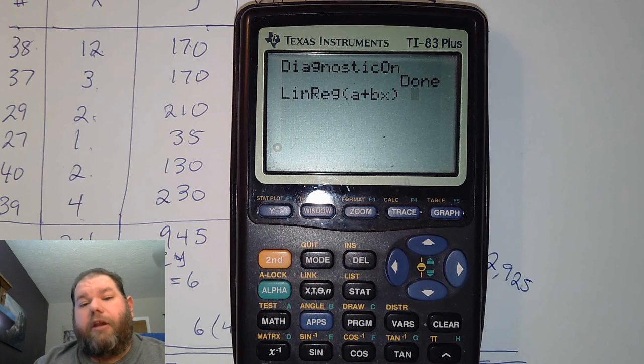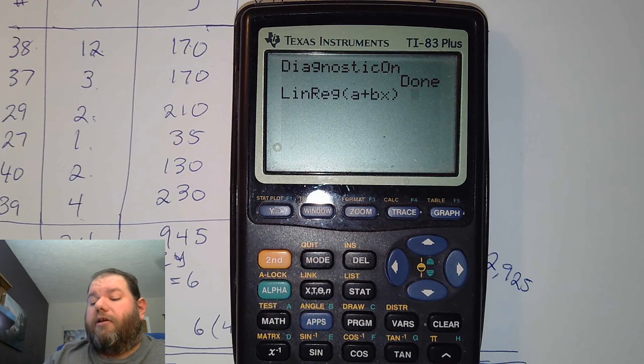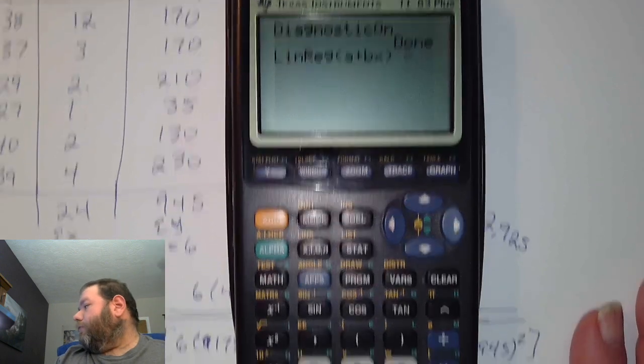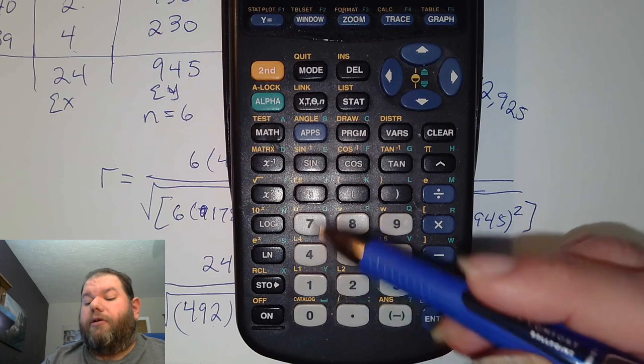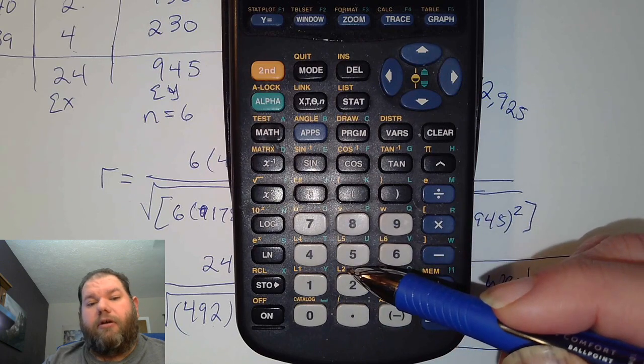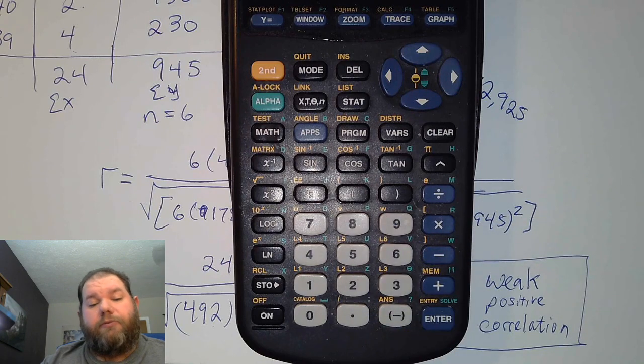Now, if you're using the 36X or the 84s, you probably don't have to do anything at this point. You just have to press enter until you get down to calculate and get our answer. On the 83s, however, it's a little bit weird, because we actually have to enter list 1, comma, list 2 for it to understand that that's where our data is stored.